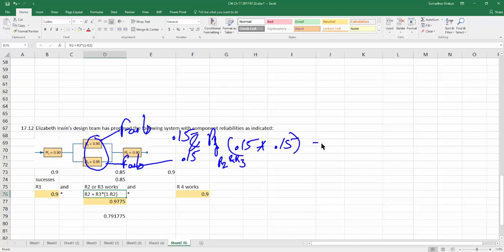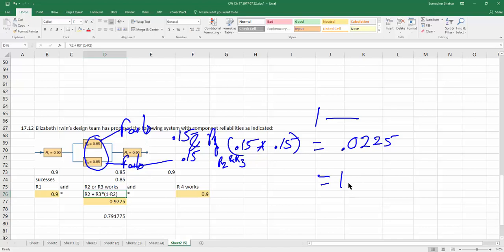So this comes out to be 15 15s are 225, so 0.0225. Now if you subtract this probability of failure, that both of them fail, then you will have the probability of this system not failing. That means at least one of them works, right?